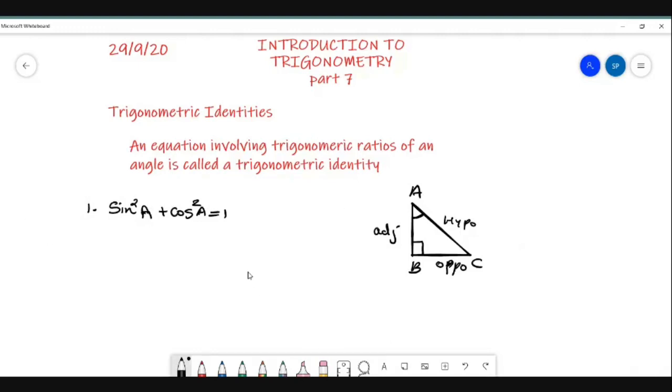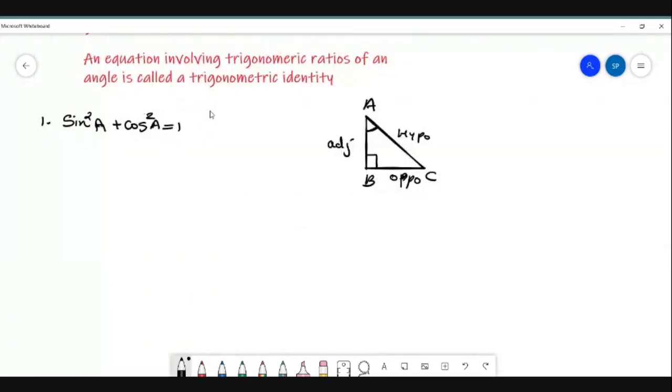Let us see how to derive this identity. For that, let us consider the right triangle ABC. In this right triangle ABC, angle B equal to 90 degrees. As you all know, the side opposite to 90 degrees is called the hypotenuse.